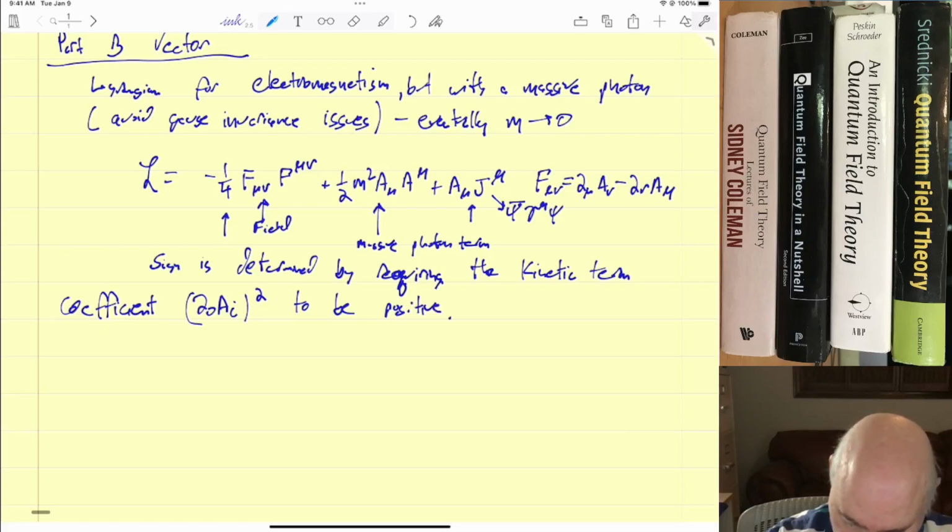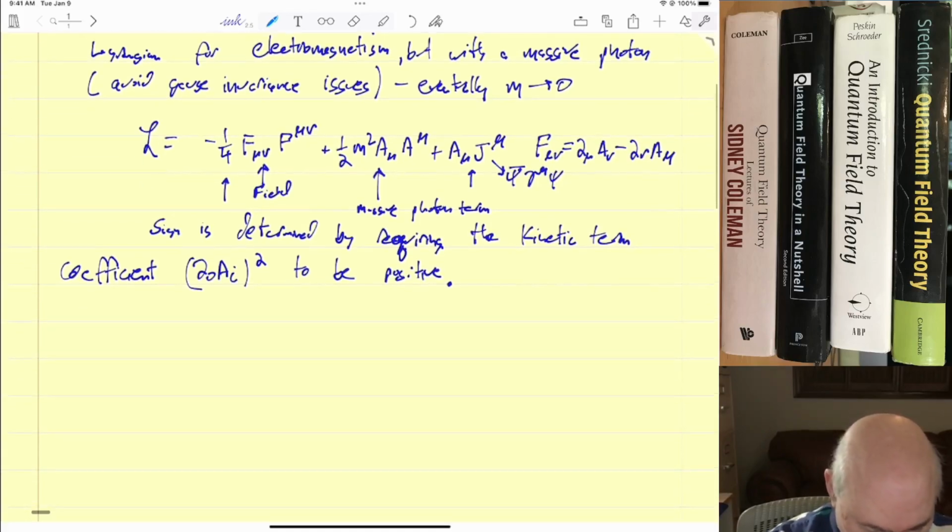And if you use the definition of the tensor and expand it out, you'll see that it will be positive, because when we raise or lower a spatial index, we get a minus sign. That will cancel out the minus 1/4 sign.